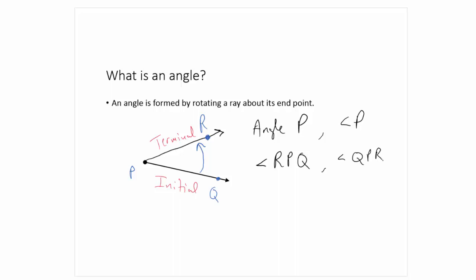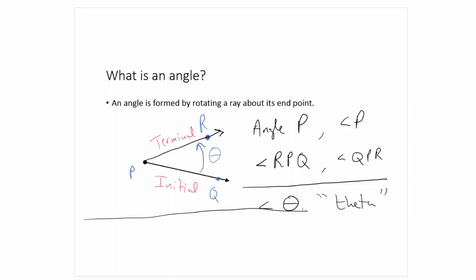Now, we could also give the angle a name. I could call the angle theta. I just gave it a Greek name, and we will often denote our angles with Greek letters. So again, I could call it angle theta. We have several different Greek letters, so here are some of the other Greek letters that we'll be using frequently in this course.